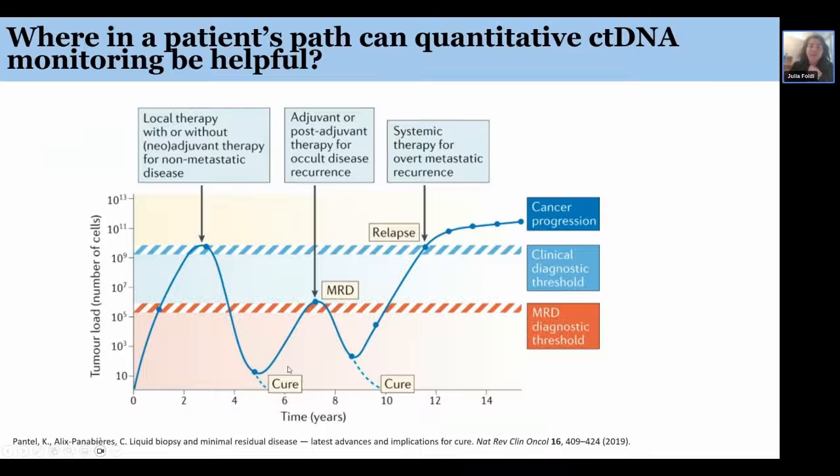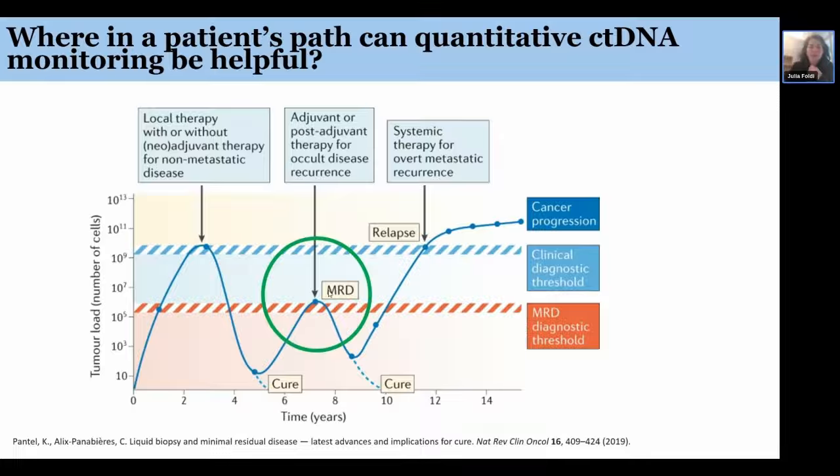At that point, a lot of the patients are cured of their disease, but they go on to be on adjuvant therapy, sometimes for many years. And during that period of time, which can range from 5 to 10 years, or even longer, we can use ctDNA testing to monitor for recurrence. So this is the MRD, or minimal residual disease setting.